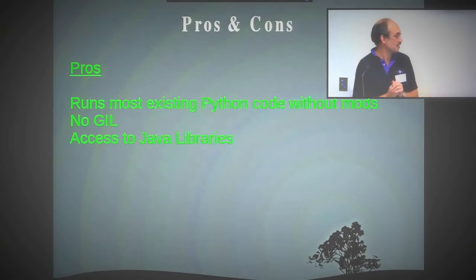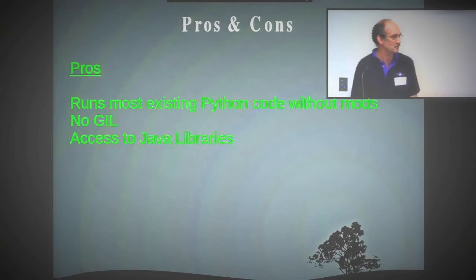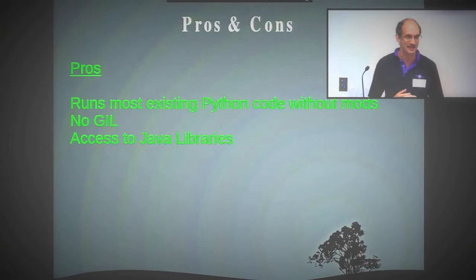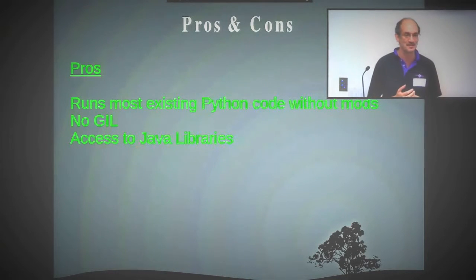The other one, which might sound a bit weird, is you can access Java libraries. Funny that, we're running on the Java virtual machine, so you can access Java libraries. It does give you a lot more flexibility. Python's batteries included, there are lots and lots of libraries. Probably way too many libraries, so the quality of some of the libraries leaves a bit to be desired.